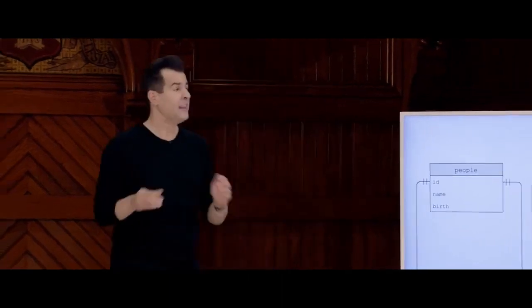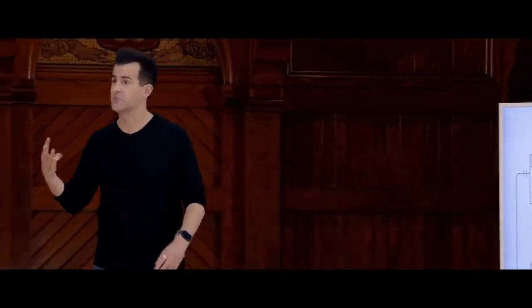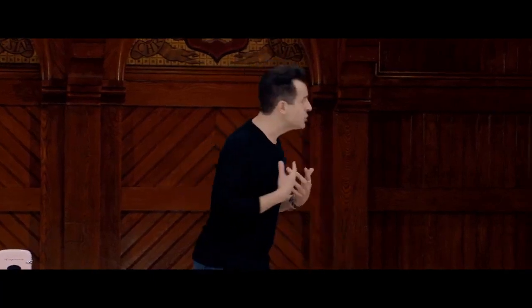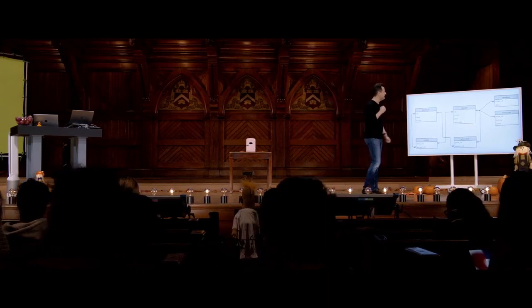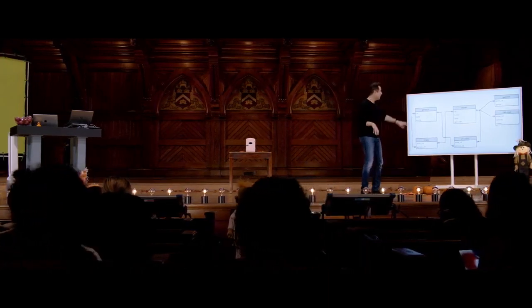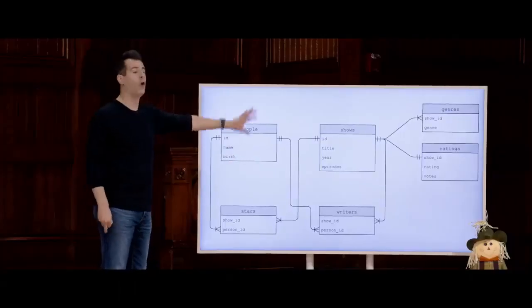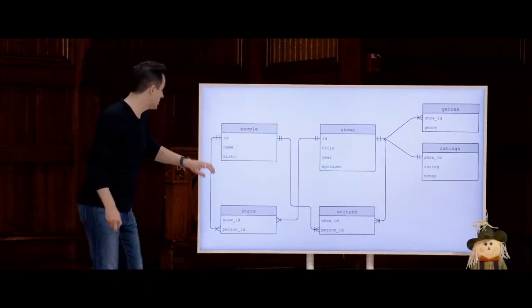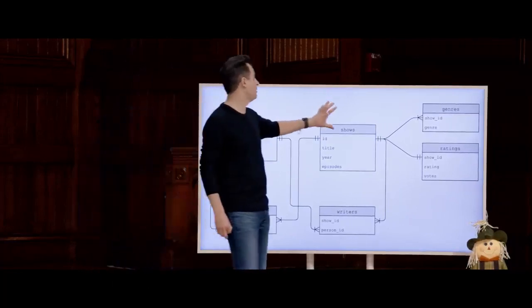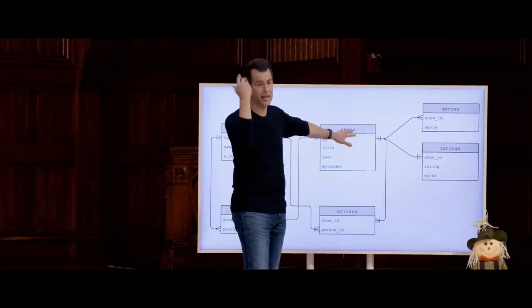Because up until now, the only data we had were those 3 columns in the favorites table. But what gets really useful about SQL databases, just like a Google spreadsheet or an Excel file, is you can have multiple sheets, or in a database, multiple tables. And so what we're about to see is that in this IMDb database for TV shows, there's going to be a dedicated table for all the people in the TV business. There's going to be a dedicated table for all of the TV shows that are in their database as of right now.